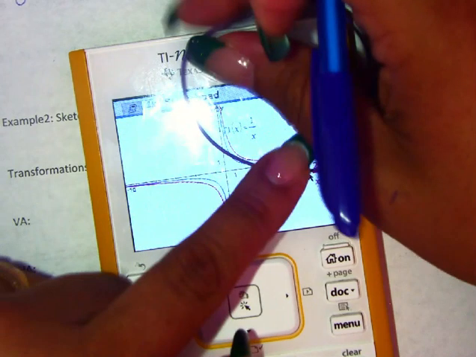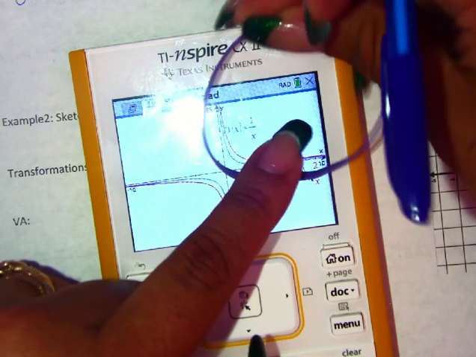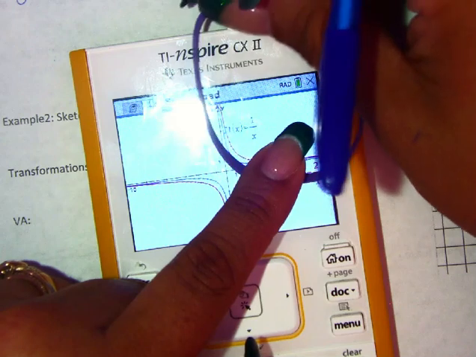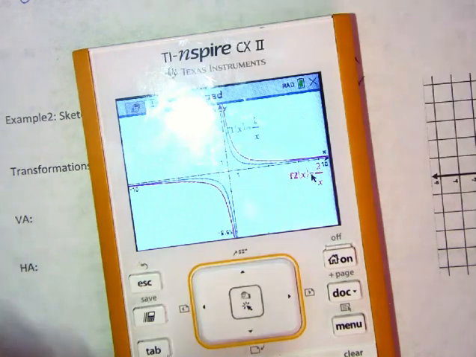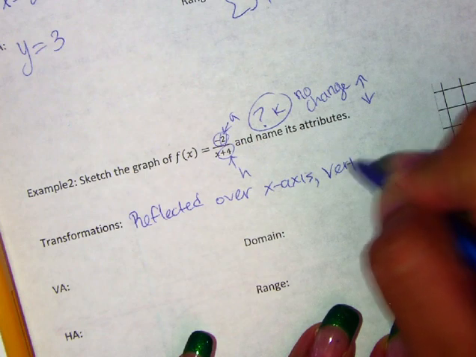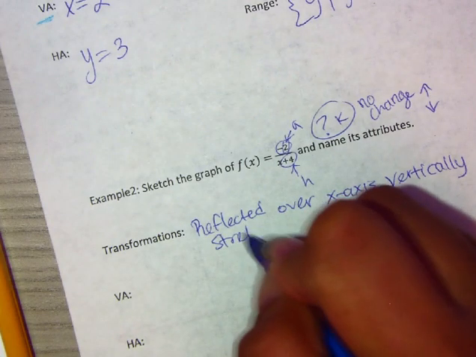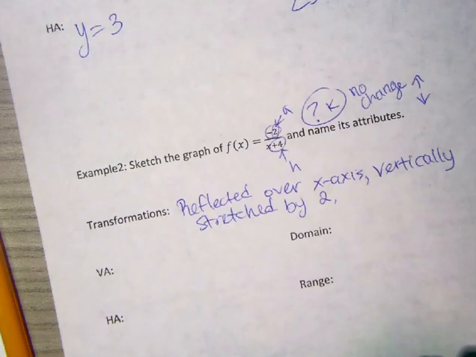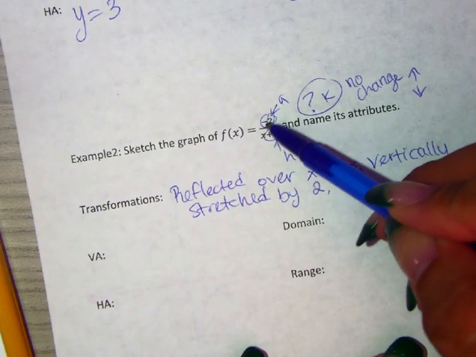So we had to stretch that. We have to stretch it vertically in order for it to go inside. Compressing it will push it down. So we are going to say we vertically stretched by 2.